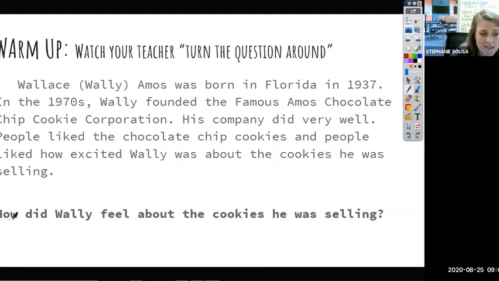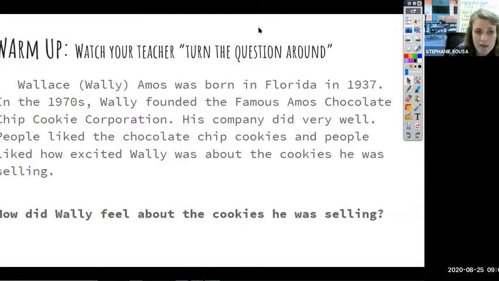This question says, how did Wally feel about the cookies he was selling? If you feel like you know what the key word is, go ahead and use that hand emoji. How did Wally feel about the cookies he was selling? What's the key word? Angel, go ahead.